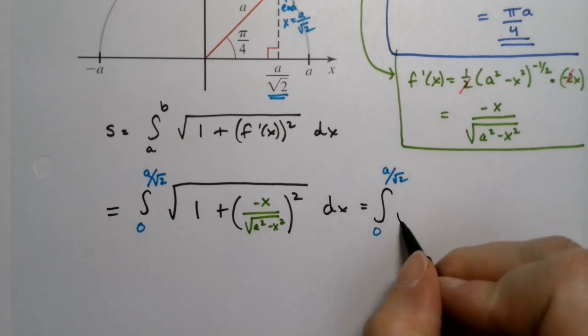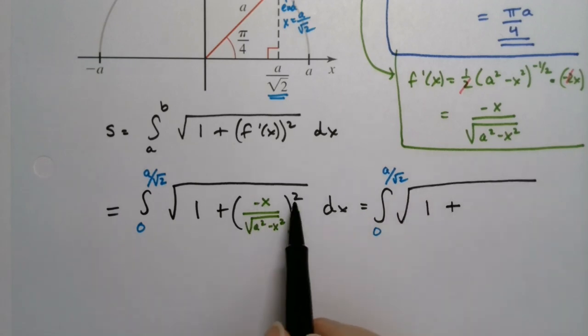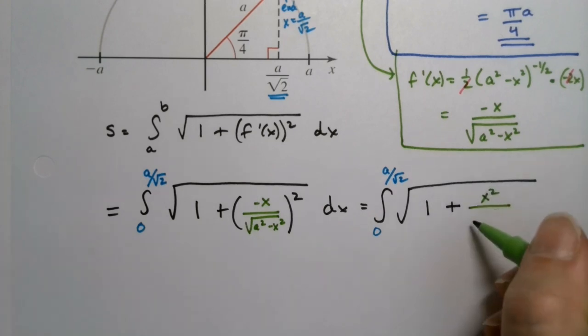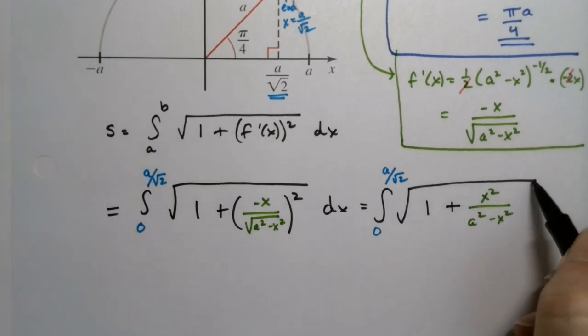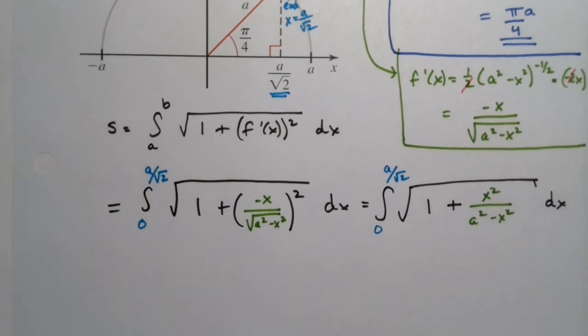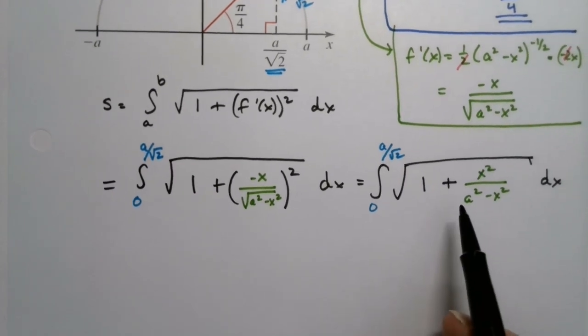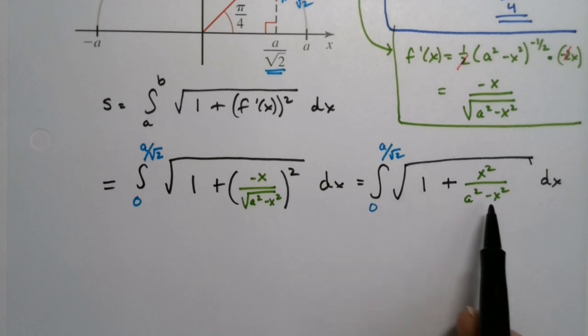And then it's the square root of 1 plus, well, negative x when we square it is x squared over a squared minus x squared dx. Now, I want to combine like terms because I'm going to try to do this by hand. So I want to change that 1 into the same denominator as my other function.